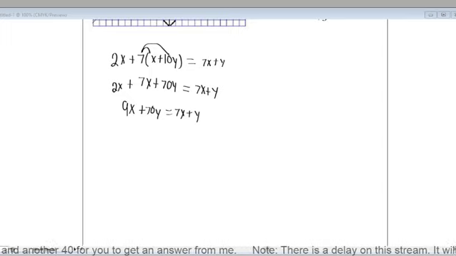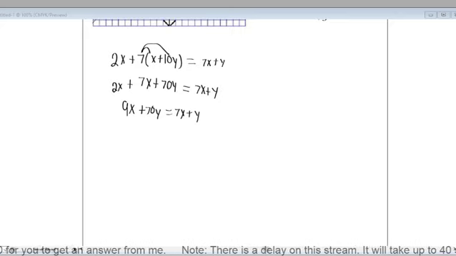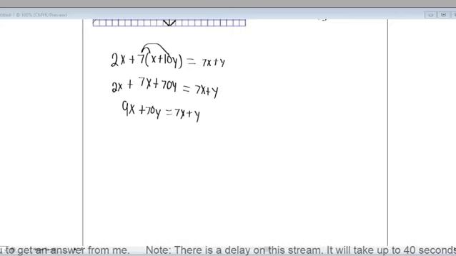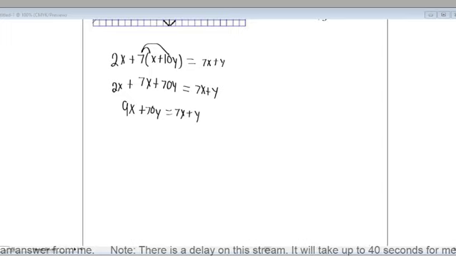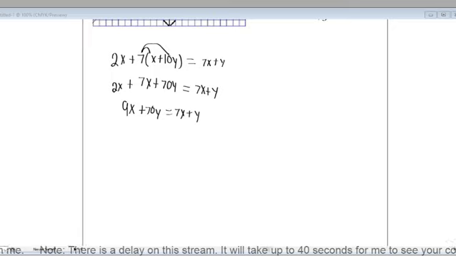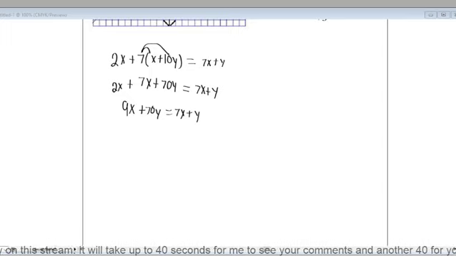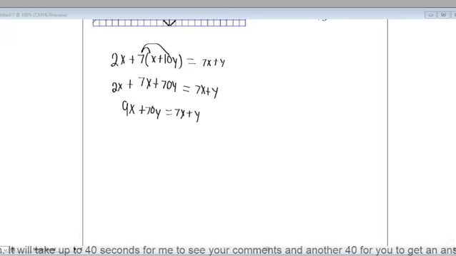So now I need to start moving things around, trying to get this thing solved. Okay, so there's an idea with these linear equations that is called standard form. Standard form is to have x and its coefficient, as well as y and its coefficient, on one side, and any constants on the other side.